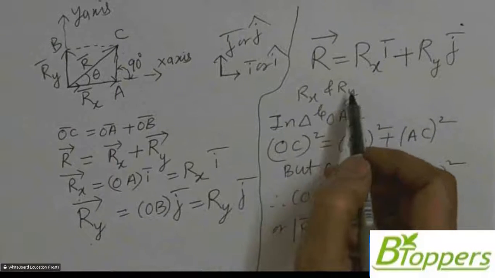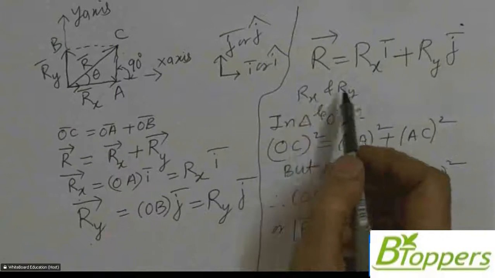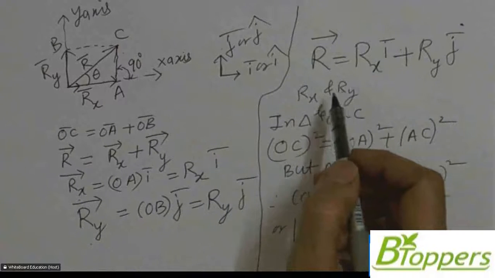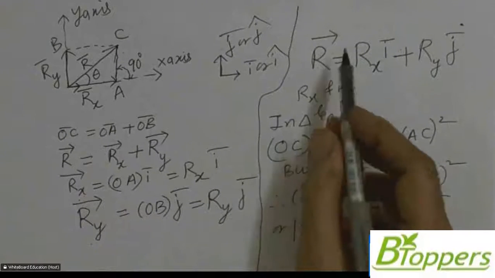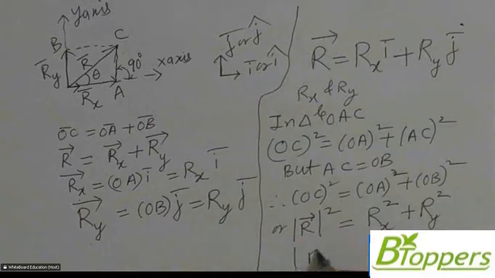This Rx and Ry are called scalar components of vector R bar along the x and y axis. And the magnitude of vector R bar will be equal to under root of Rx square plus Ry square. You can just go through the discussion.